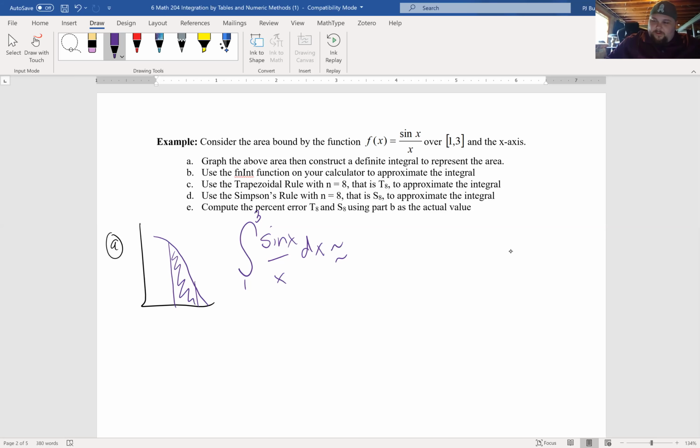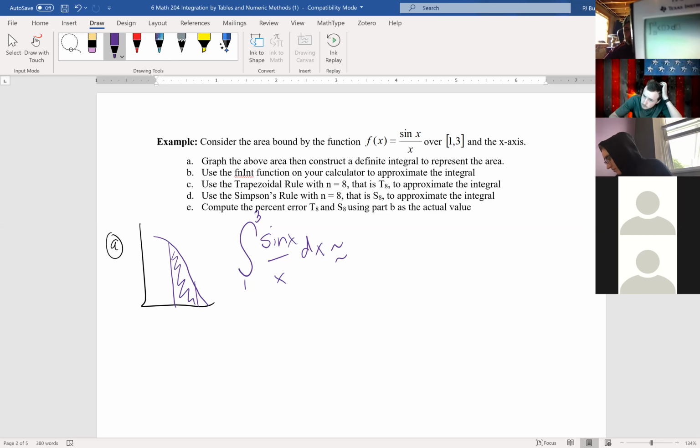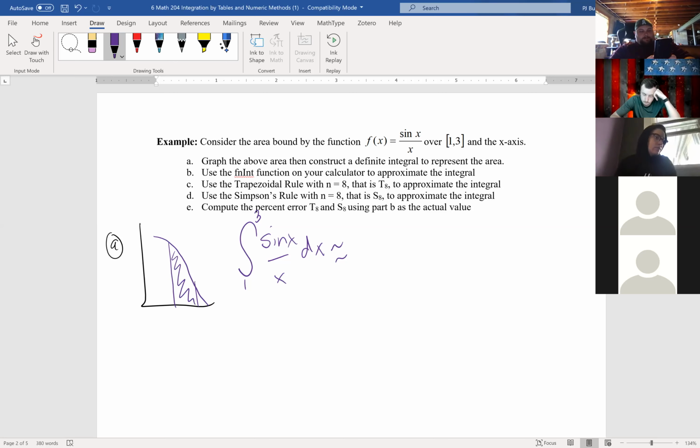So does everybody remember that I told you how to do the FNINT function? You go to math, option 9, and you should see this, depending on how old your calculator is. So we're integrating from 1 to 3. We're doing sine of x divided by x with respect to x.